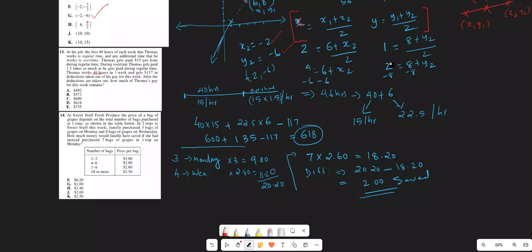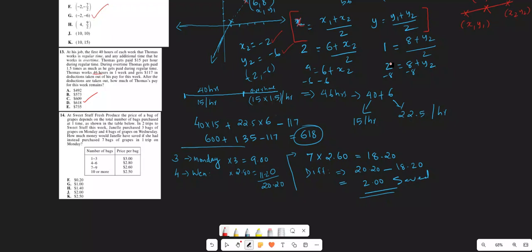And there is a deduction of 117. So this is 600 plus 135 minus 117, that is 618. So our option is D. If you don't understand the explanation, please pause the video now and go through these pieces one by one. That will give you an exact idea.